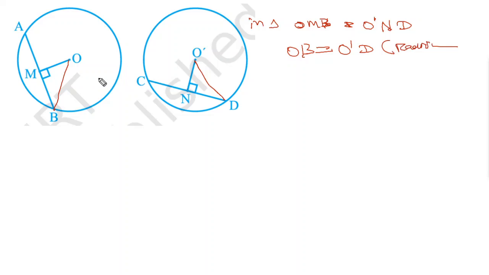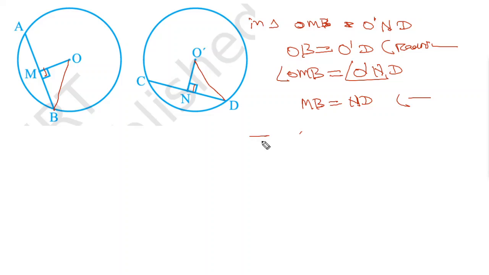Then these angles are 90 degrees, angle OMB equal to angle O dash ND, this angle. Now same as AB was equal to CD, therefore half of AB will be equal to half of CD. MB equal to ND, give the same reason that we had given in the earlier part.